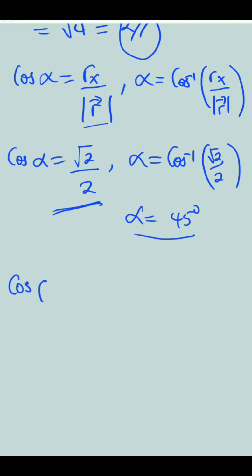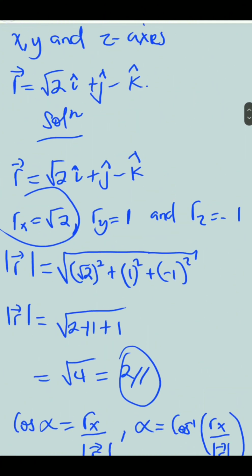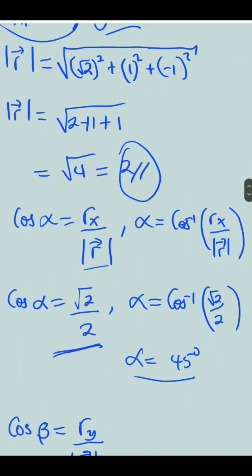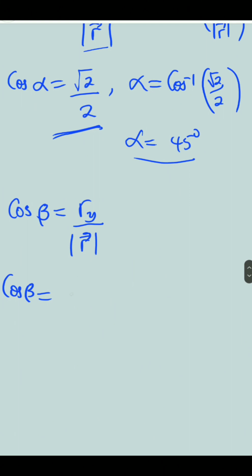Then we come and find the one for beta. This is the y component over the magnitude of our vector. The y component is a positive 1, and we divide it by the magnitude of our vector, which is 2.